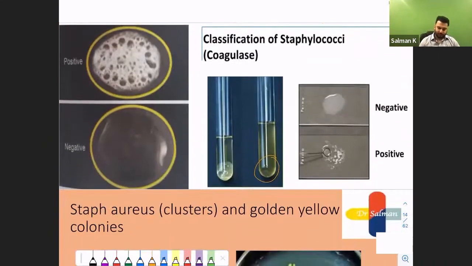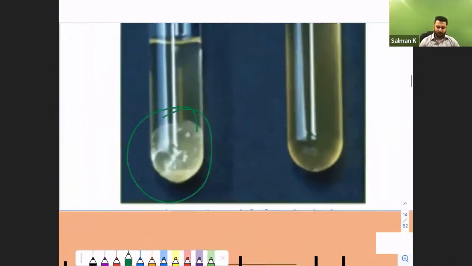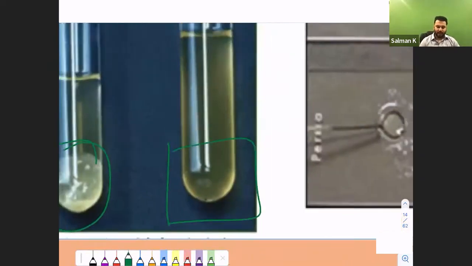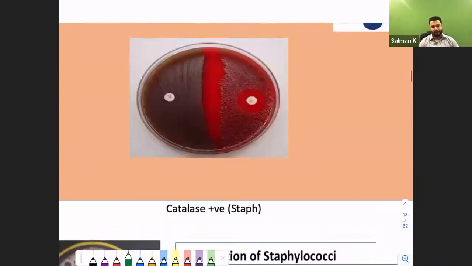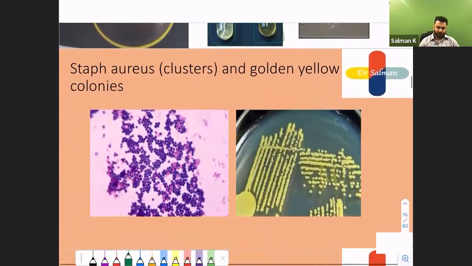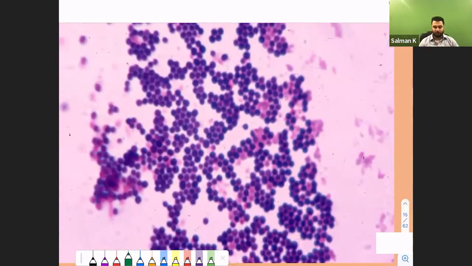Next. So this is the coagulase test. If you see this, this is aureus. This is coagulase negative staphylococci. Next. This picture is quite easy. Everybody should know this.